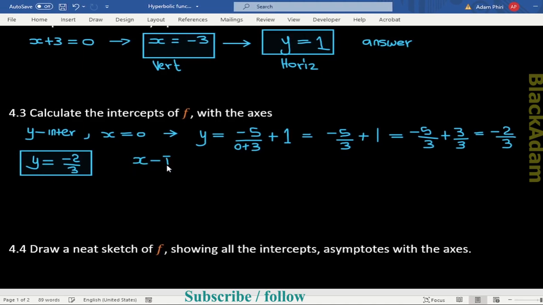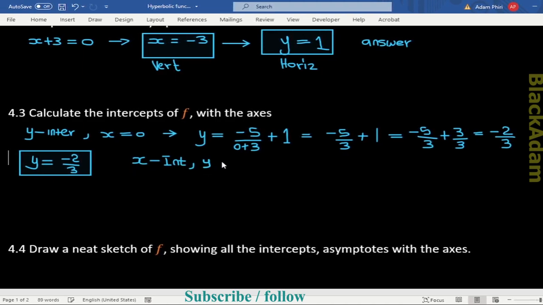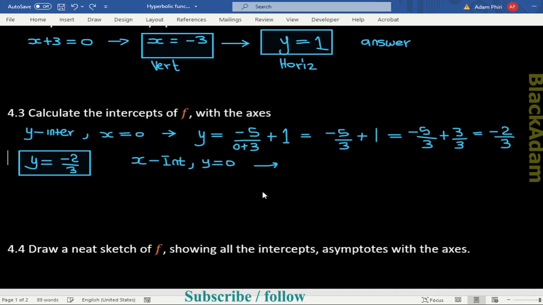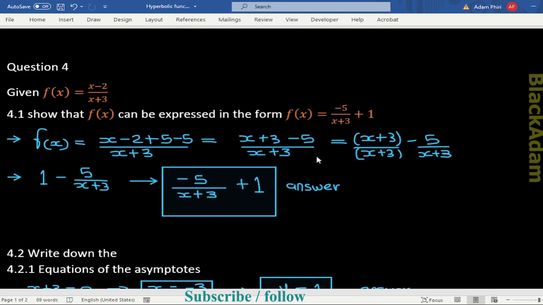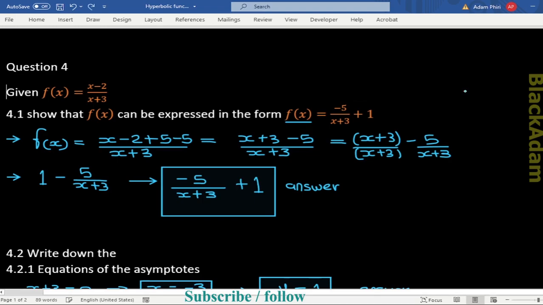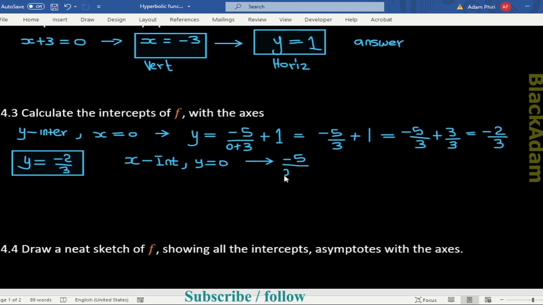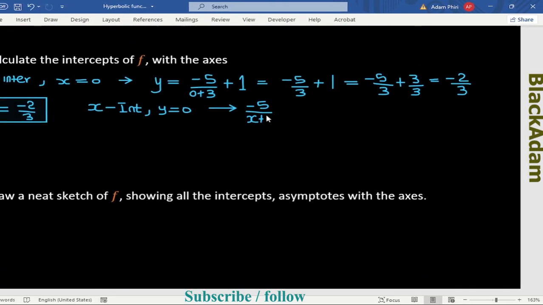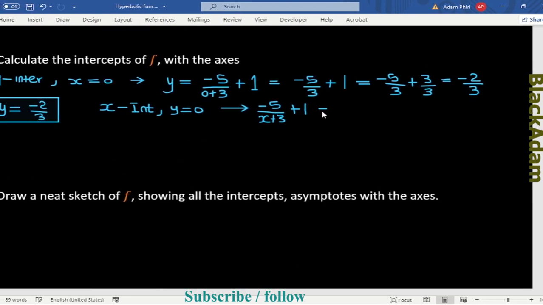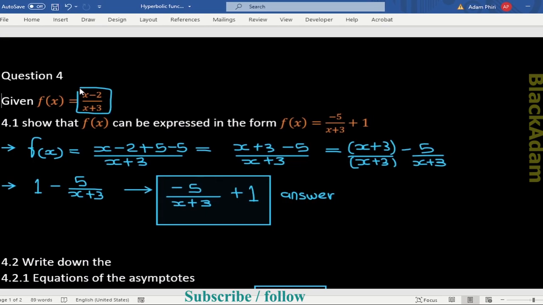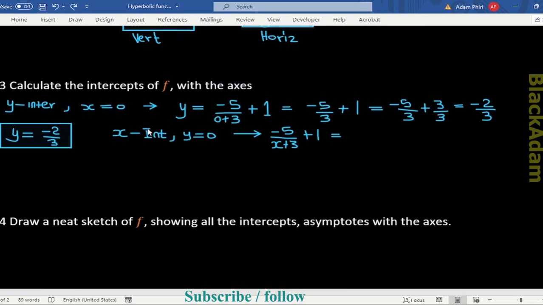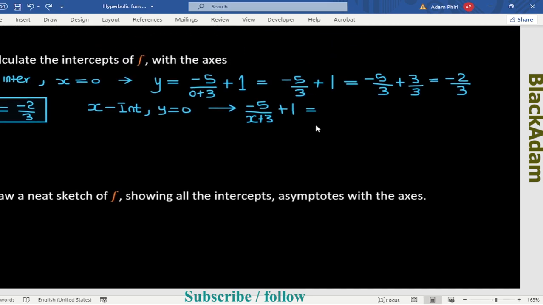So y is negative 2 over 3. And then we need the x-intercept. For the x-intercept, y has got to be 0. So we take the same equation, negative 5 over x plus 3 plus 1, and our y has got to be 0.